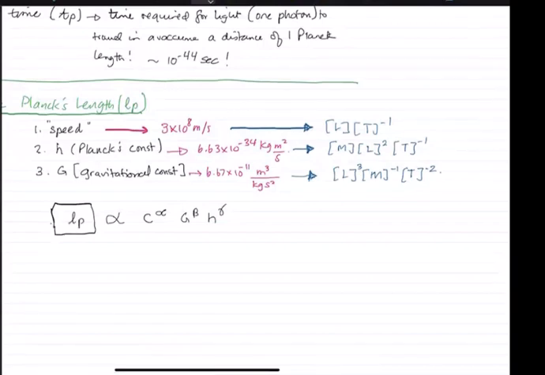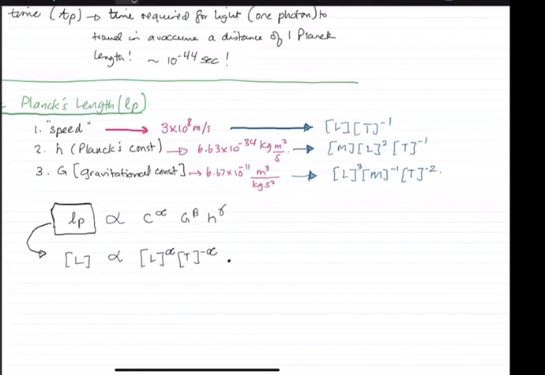Now we're going to write dimensions for every single one. What will be the dimension on the left-hand side? What will be the dimensions on the right-hand side? You see it? Yep, just write all of them.